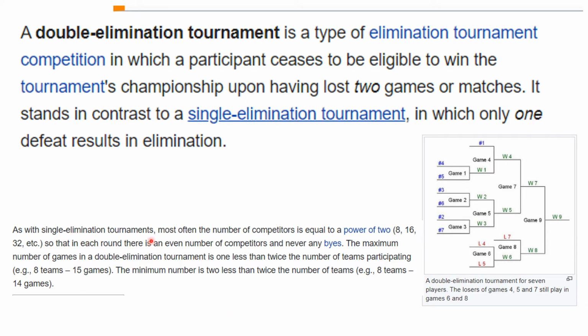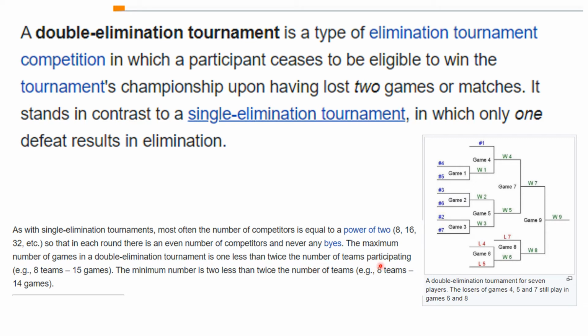As with single elimination tournaments, most often the number of competitors is equal to a power of 2: 8, 16, 32, etc. So each round there's an even number of competitors and never any byes. The maximum number of games in a double elimination tournament is 1 less than twice the number of teams participating.